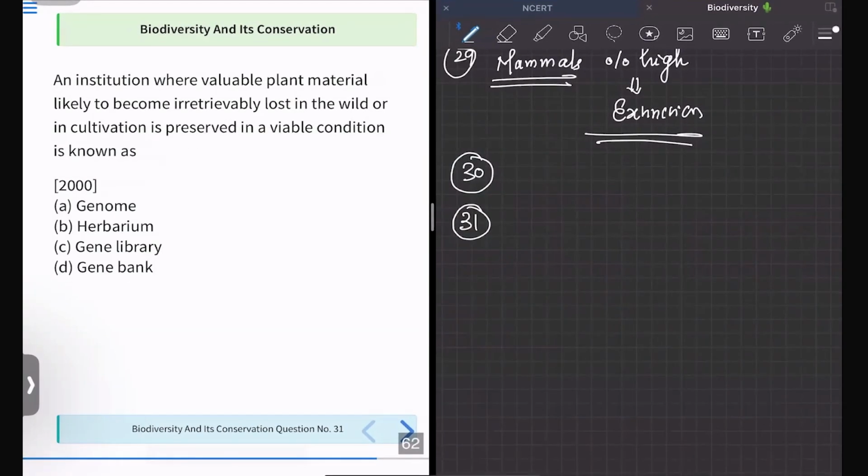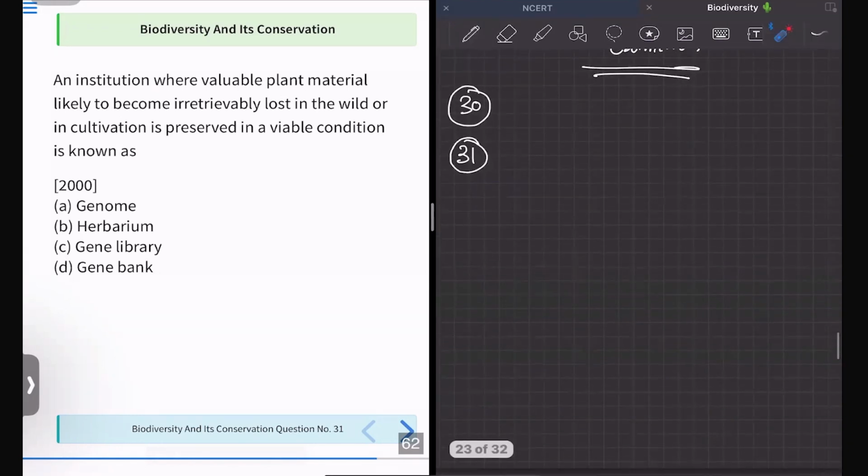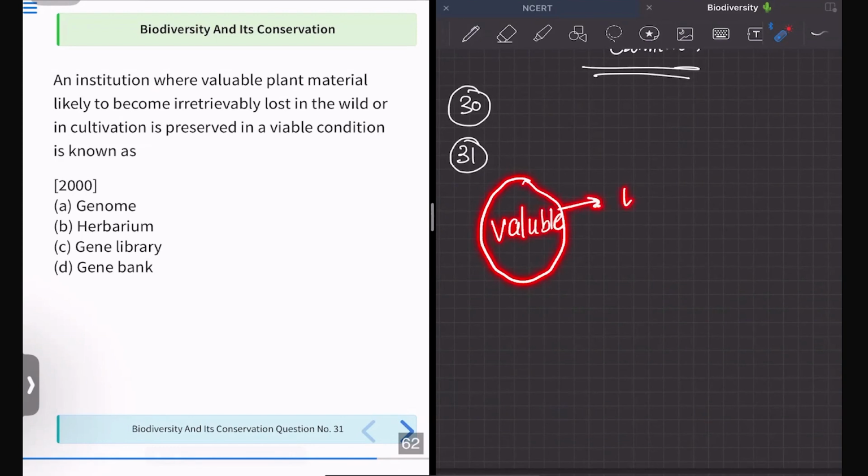In question number 31, they are asking: an institution where valuable plant material likely to become irrevocably lost in the wild or in cultivation is preserved in a viable condition is known as. So in this question, they are saying we have some valuable plant material, but if we just leave it in open space in the wild, it might get destroyed, it might get lost.